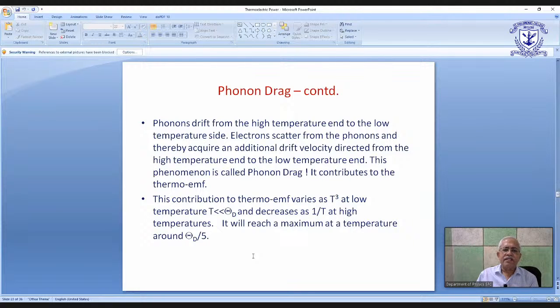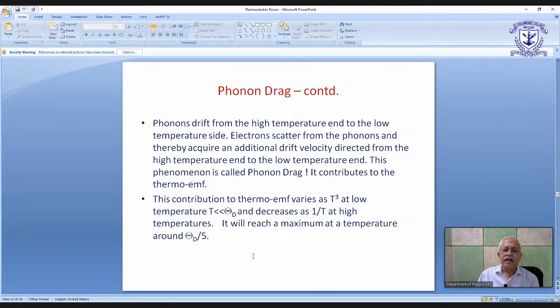One thing that is seen is that this contribution varies as T to the power of 3, where T is the temperature. At low temperatures, T much less than the Debye temperature, that is the low temperature regime, the contribution of phonon drag scales as T cube.